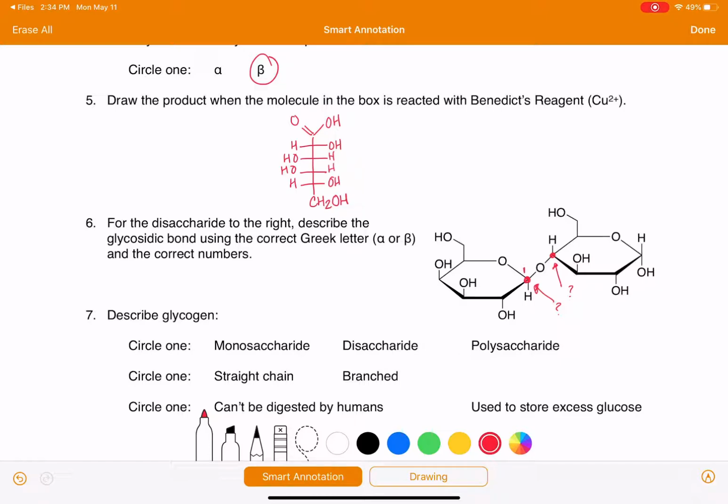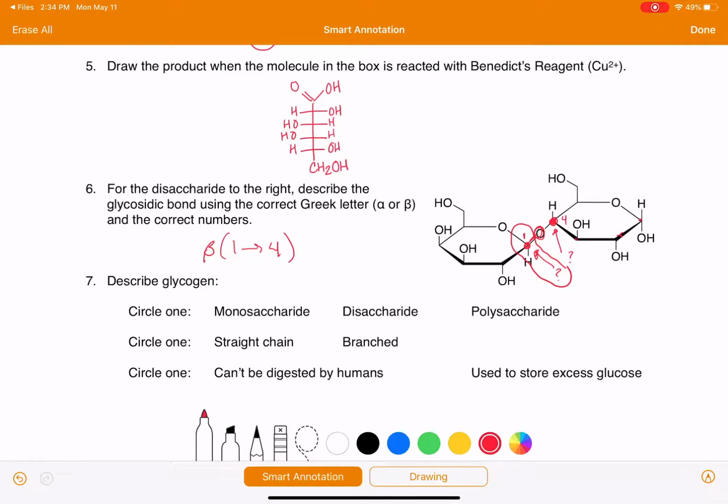This guy is carbon number 1 of its ring. This guy is 1, 2, 3, 4. So because this guy is carbon number 1 of its own ring, we will use it to determine alpha versus beta. Its oxygen is sticking up, which makes it a beta. And then for the numbers, we just want the numbers of the 2 carbon atoms that are involved in the bond, beta 1, 4.